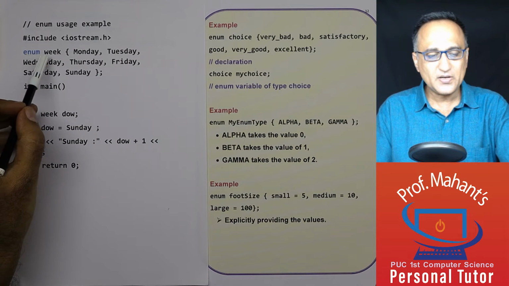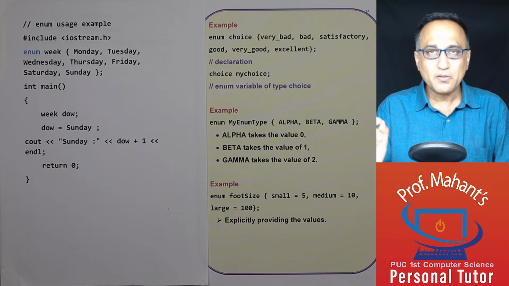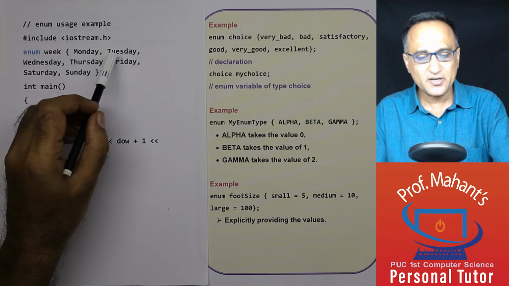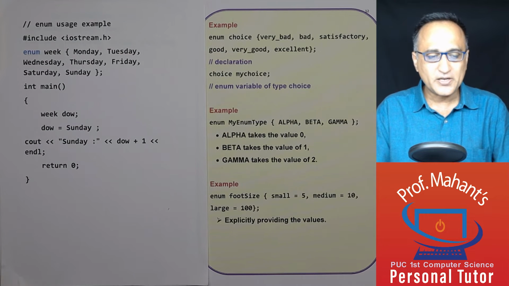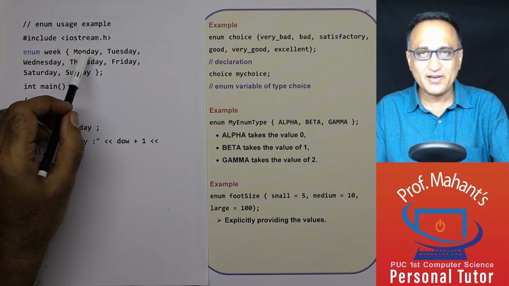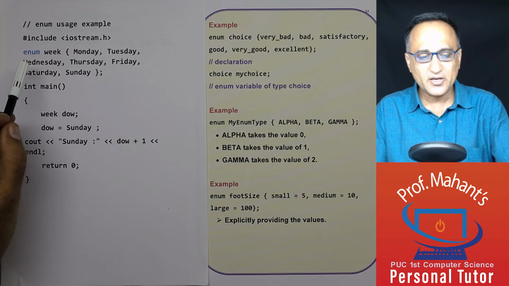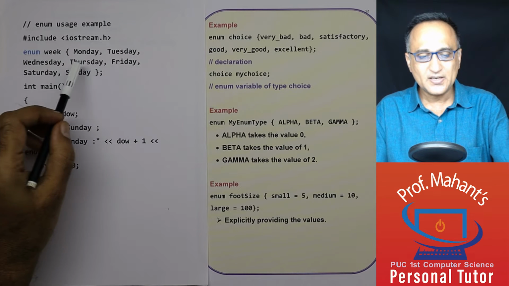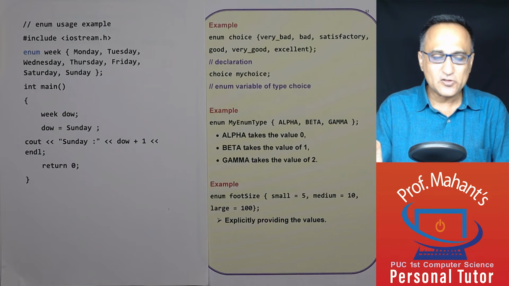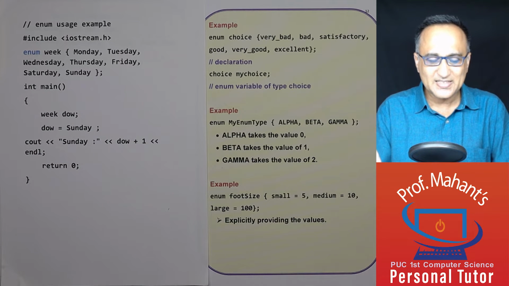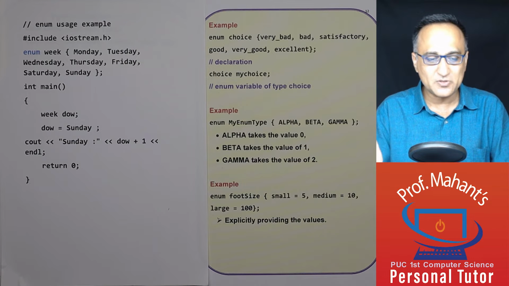Enum is a keyword, week is a model of the enum data type, which is going to contain Monday, Tuesday, Wednesday, Thursday, Friday, Saturday, and Sunday. It means Monday gets assigned the value 0, Tuesday 1, Wednesday 2, 3, 4, 5, and 6. Each of these days of the week gets assigned integer values 0, 1, 2, 3, 4, 5, and 6.